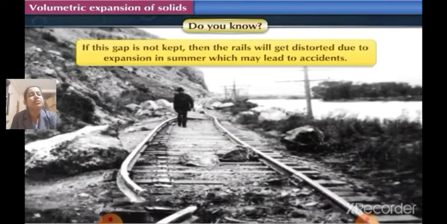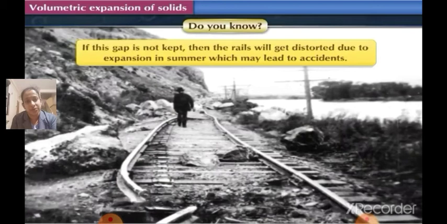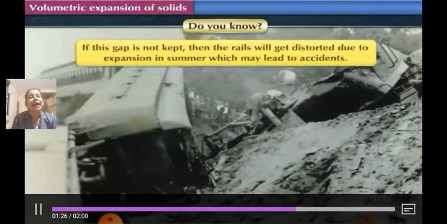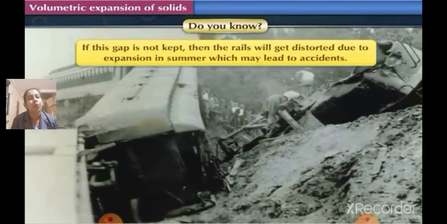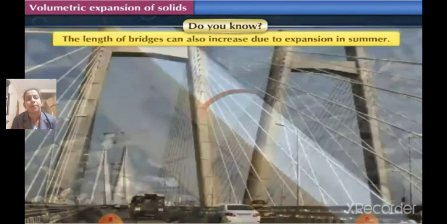If the gap is not kept, then the rails will get distorted, and due to the expansion in summer it may lead to accidents, which is very dangerous. Therefore, to avoid accidents, always remember the gap is kept between the rails.